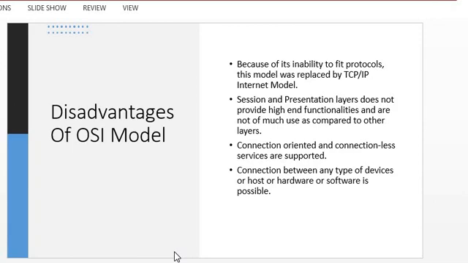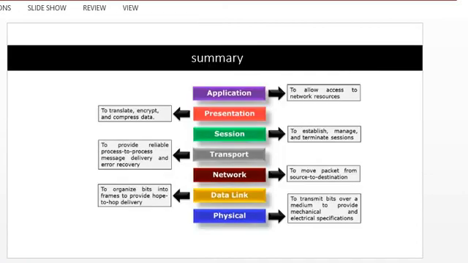Then the other disadvantage, the session and presentation layers do not provide high-end functionalities. Connection-oriented and connectionless services are less supported. So these are some of the disadvantages of the OSI reference model.